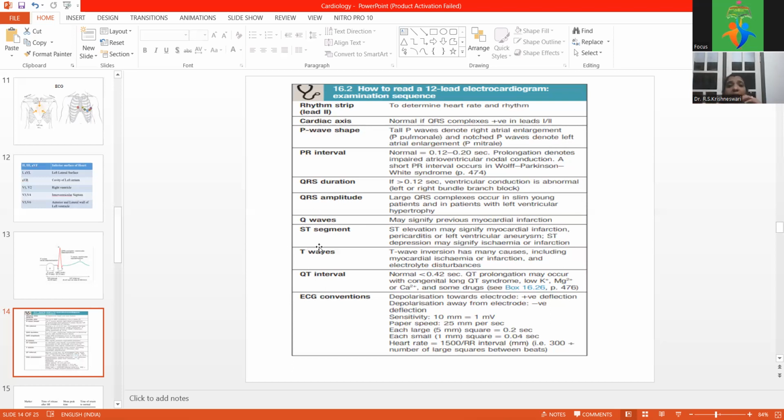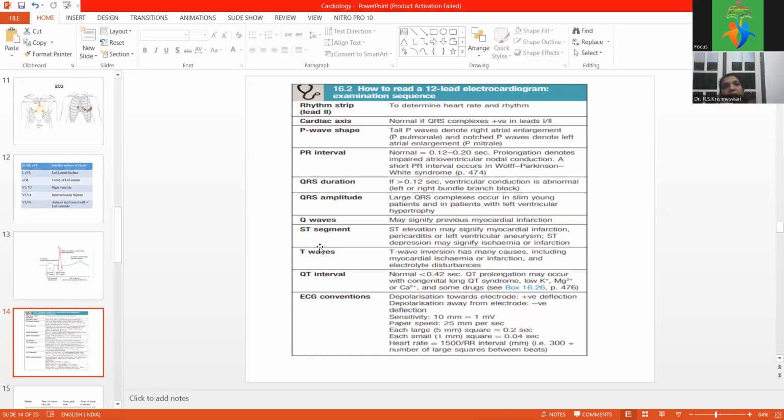Then ST segment, important. ST segment elevation. When there is elevation of the ST segment, it represents myocardial infarction. The first and foremost thing you should rule out when there is ST elevation is myocardial infarction, MI, and also pericarditis or left ventricular aneurysm. And when there is ST depression, it is ischemia or infarction.